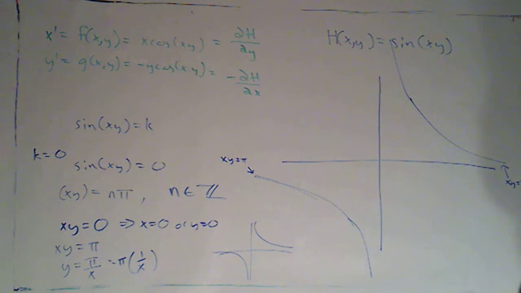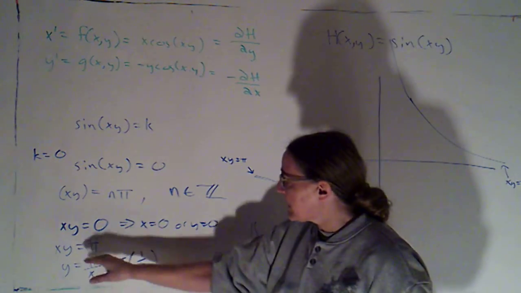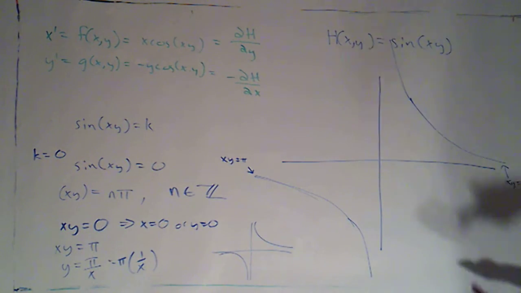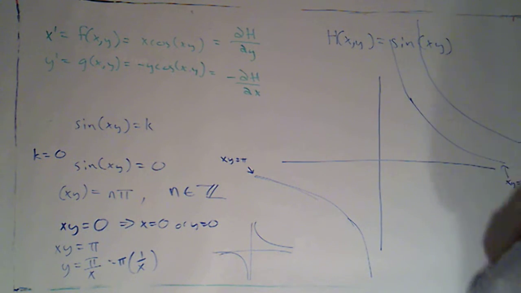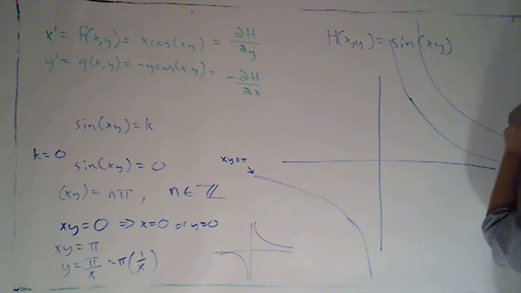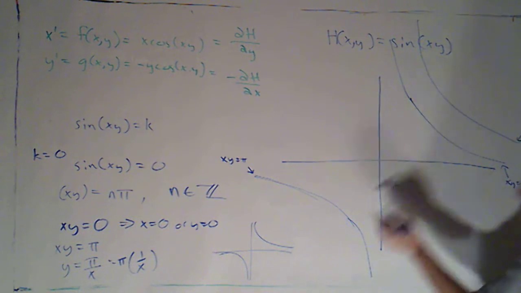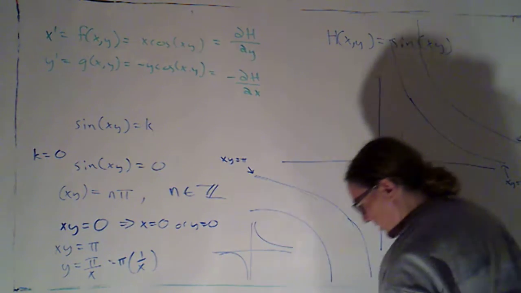I'm labeling that because that's going to help me out a little bit later on. If I let n equal 2 so that I got xy equals 2 pi, I'd just be scaling by a factor of 2 pi. So all that's going to do is stretch it a little bit higher up. So this would be x times y equals 2 pi, and here it would be a little bit lower down.